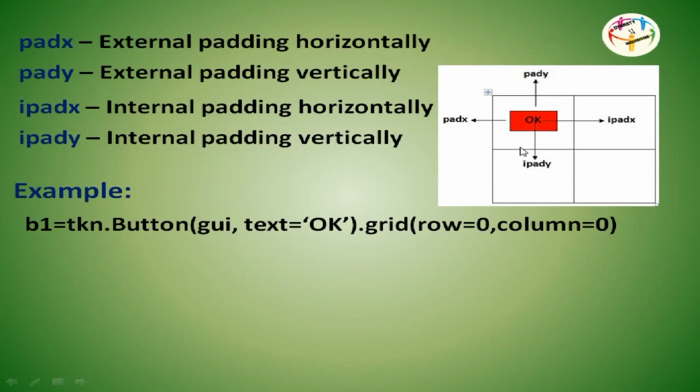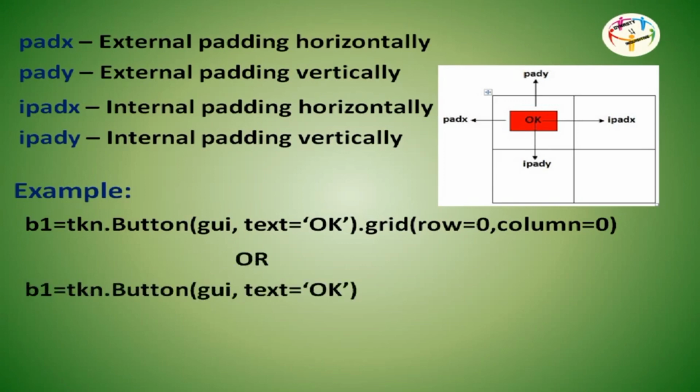It will be placed at first row, first column. Or we can write this in two separate lines. In the first line we are creating a button, and in the second line we are placing this button in first row, first column. So both syntaxes are the same.